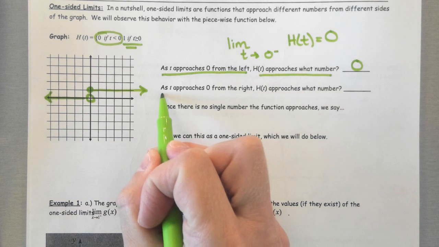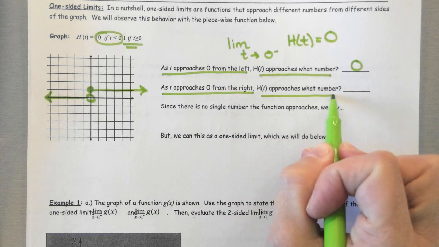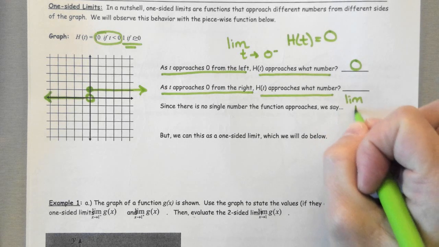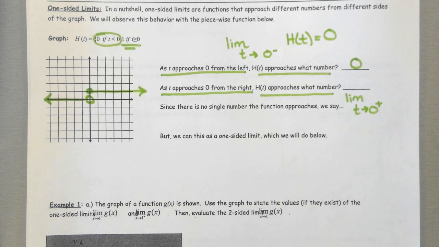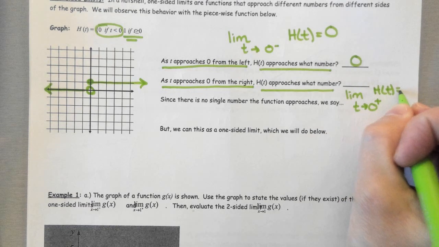The next one says, as t approaches 0 from the right, what number does h of t approach? The way that we would write that is the limit as t approaches 0, but this time from the positive side. Think about what's on your right. Big positive numbers are on the right side of your graph. Of h of t equals.